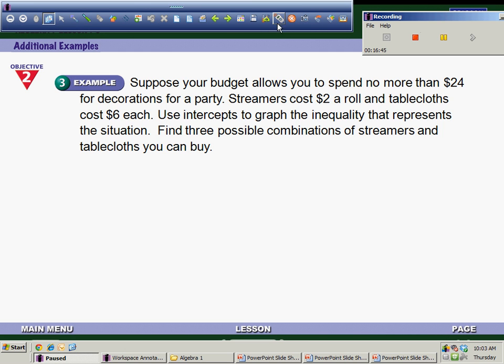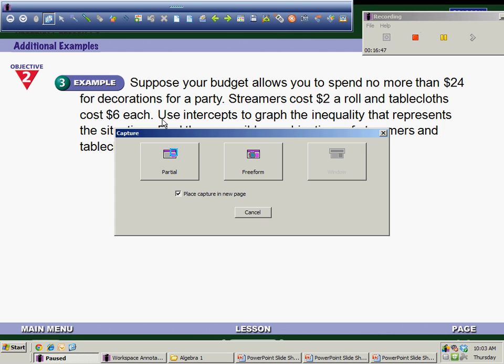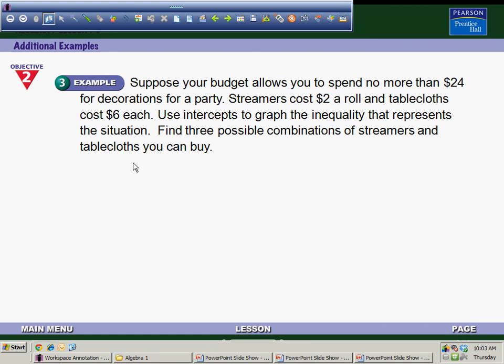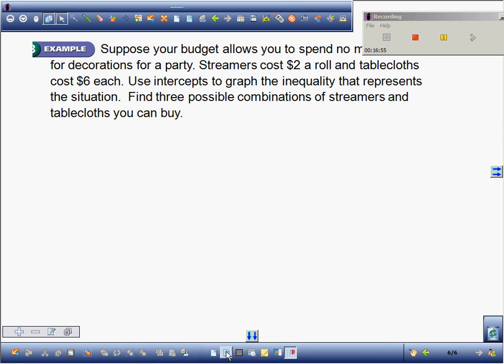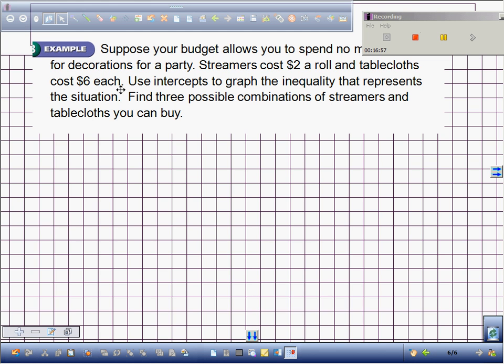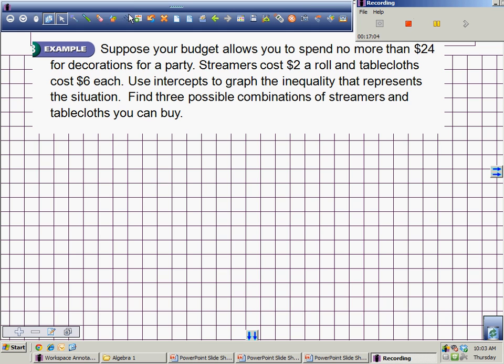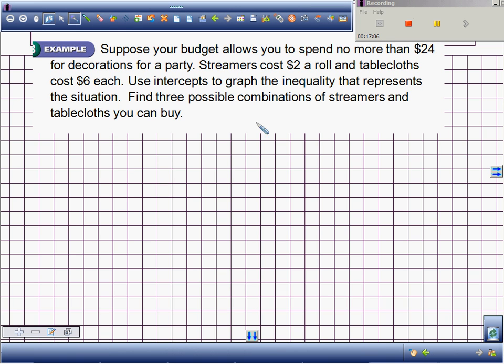So what I'm going to try to do is take a picture of this and put it somewhere. There we go. And I'm going to make graph paper because I like graph paper. First thing I want to do with the word problem is set up a variable. So I'm going to let something equal something.